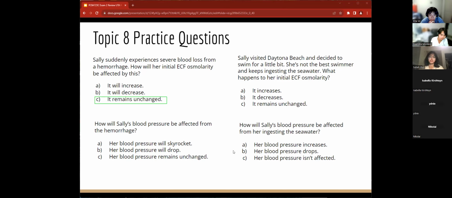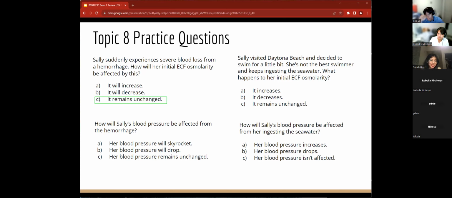There's no solutes or anything being added to it, so her ECF osmolarity is not going to be affected by this. For the next question, how will Sally's blood pressure be affected from the hemorrhage?